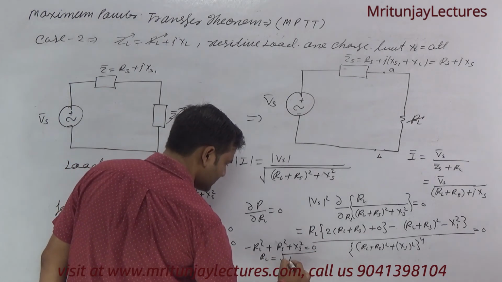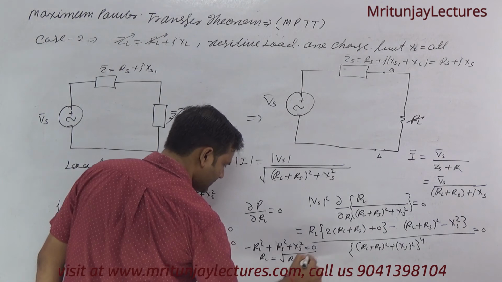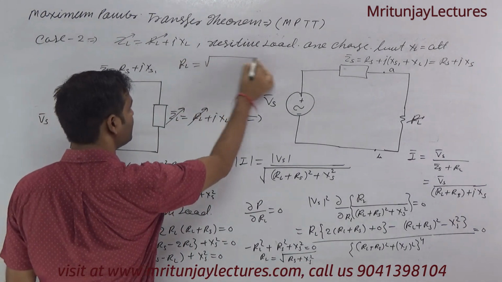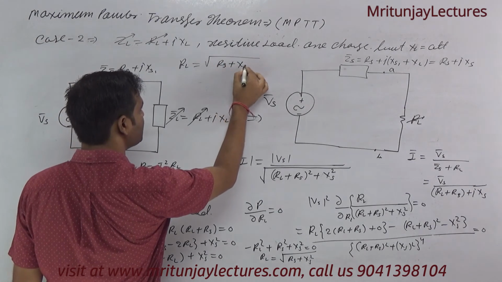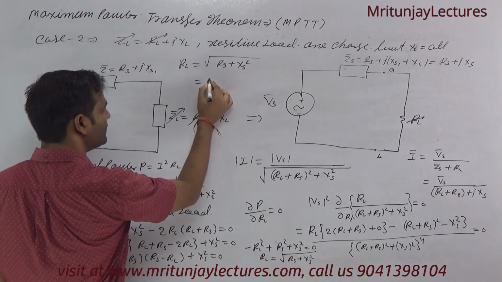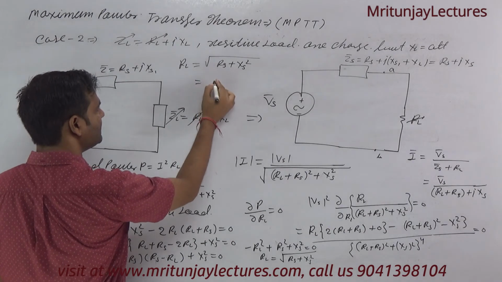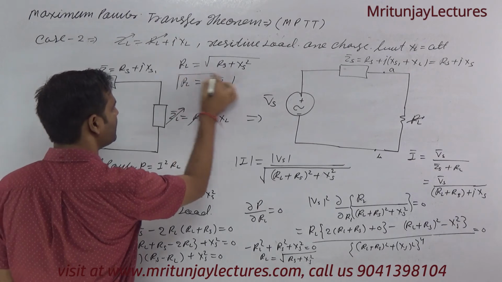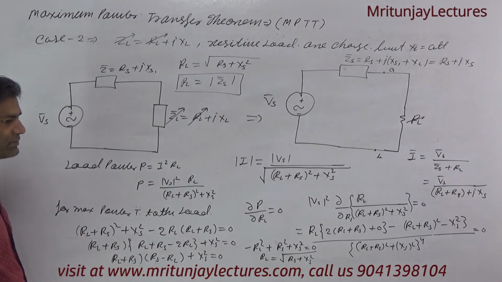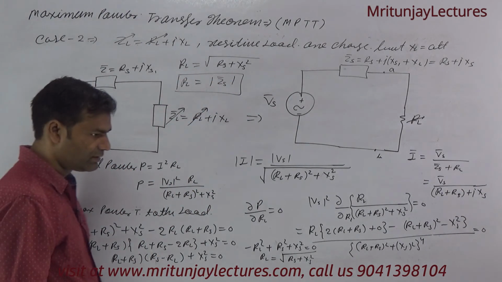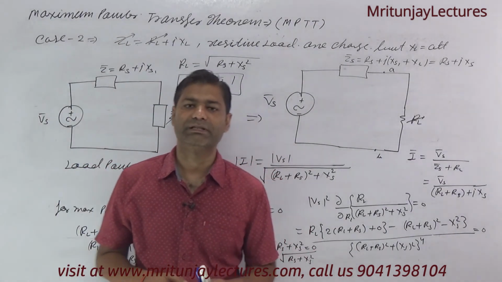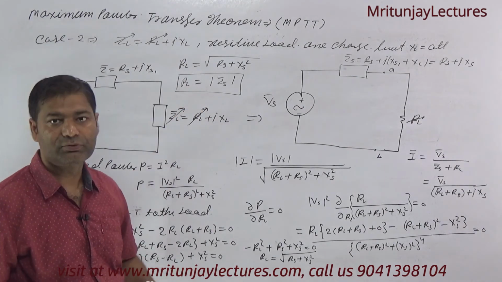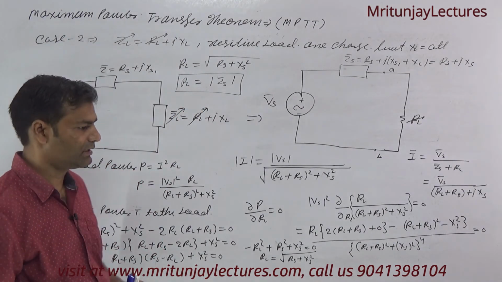RL is written as the mod of ZS. Clear? Simply, for maximum power transfer to the load, only if RL is equal to mod of ZS. Clear?